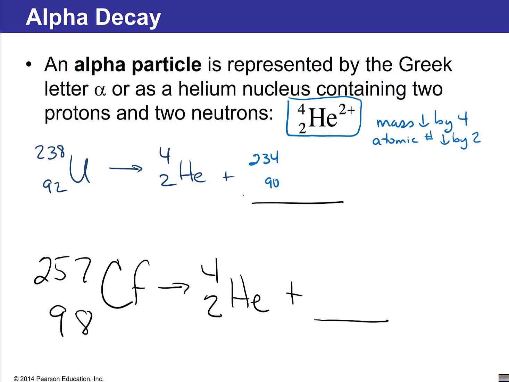So the mass decreases by 4, the atomic number decreases by 2. Is it uranium anymore? If it has an atomic number of 90, where's 90? TH, which stands for thorium. That wouldn't be something that you would have to know. It's not one of yours. But do you see that it actually changes the element?